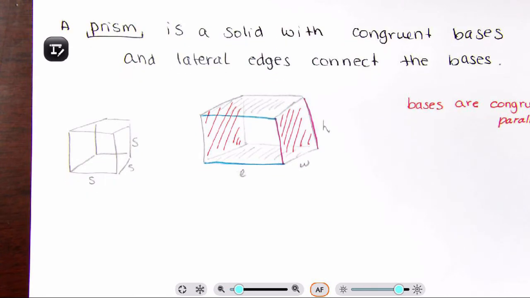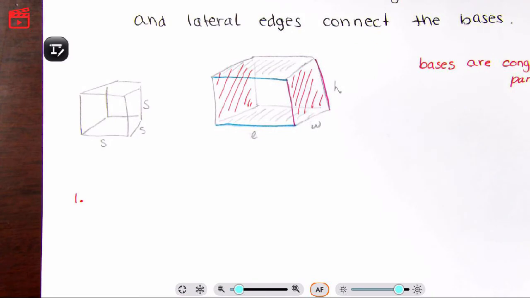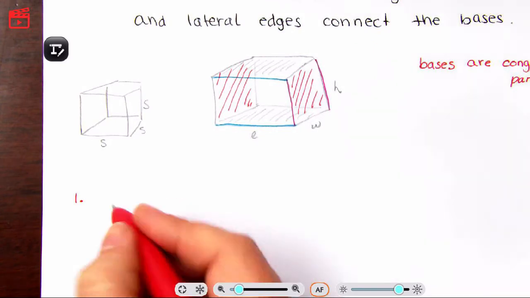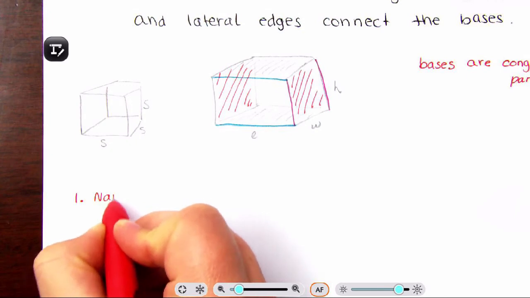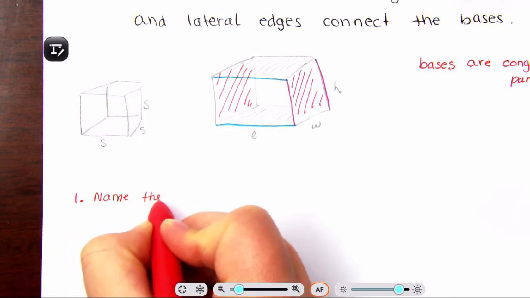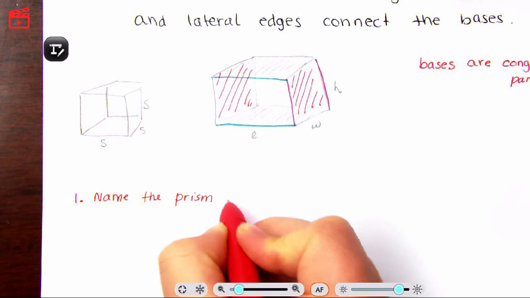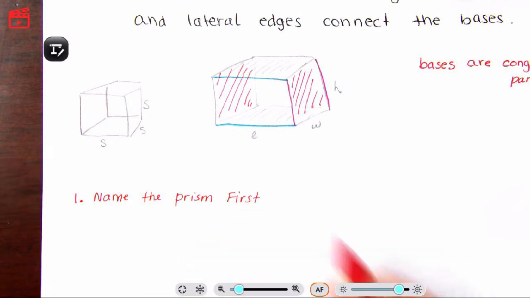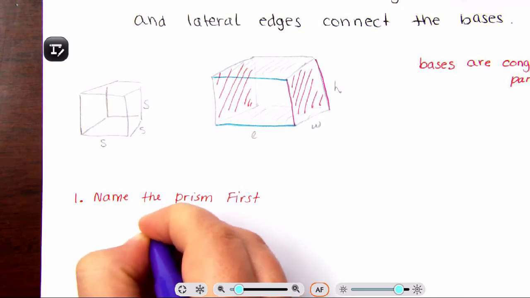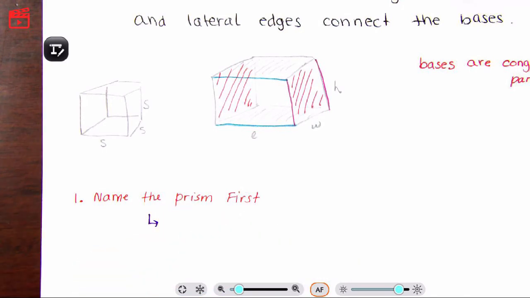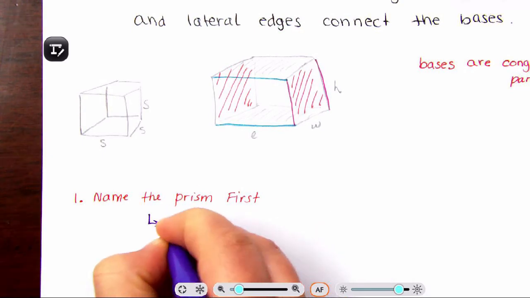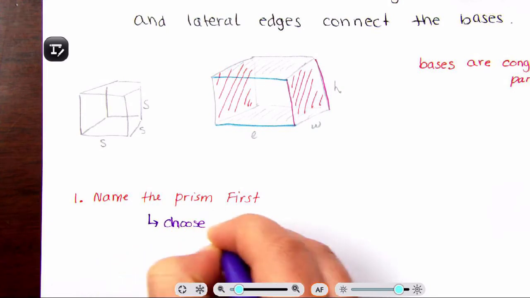The first thing that you have to identify whenever you're dealing with these cylinders or prisms is you always want to name the prism first. And the way that I recommend you guys naming the prism is choosing the most complicated shape on that prism and making that your base. So choose the most complicated.